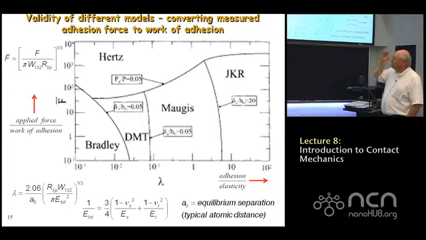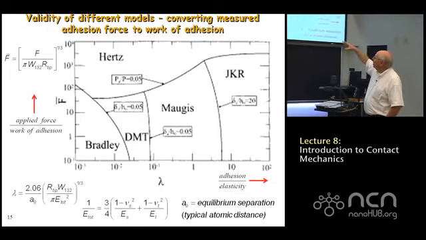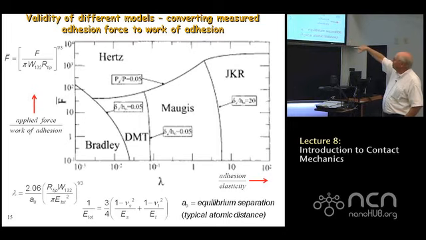So, for instance, if you have a very hard substrate with very little work of adhesion, then your normalized forces are going to be down around 10 to the minus 1 or 1 on this diagram. And you can see that if the adhesion is very small, which means lambda is a small number, so we're on the left-hand side of this diagram, then Bradley's model is pretty good, right? Bradley's model, which just describes the contact between atoms using the Lennard-Jones potential, is pretty good.